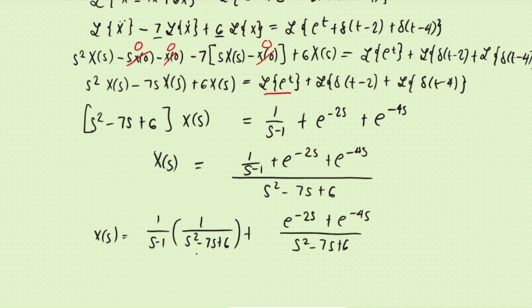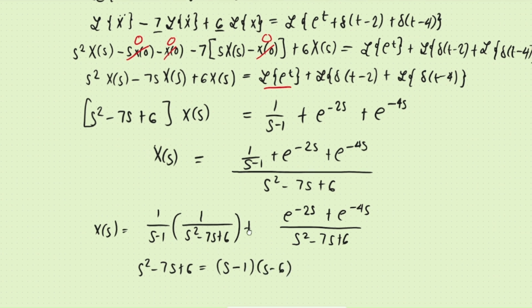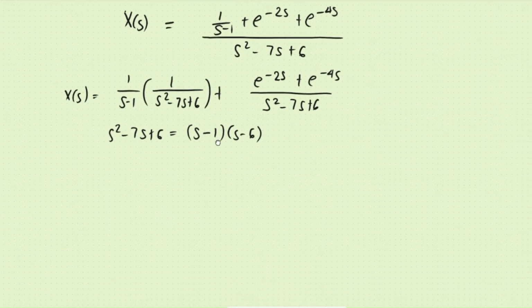I wanted to split this function right here because we will have a different partial fraction decomposition. If we factor s squared minus 7s plus 6, that would be s minus 1 times s minus 6, right? So this is the factored form of s squared minus 7s plus 6.